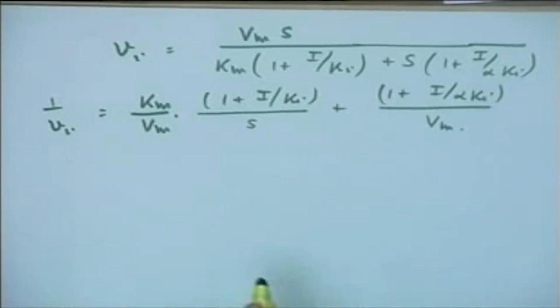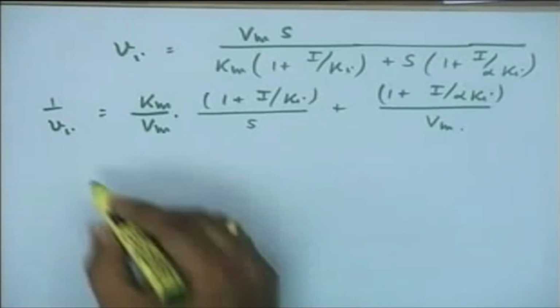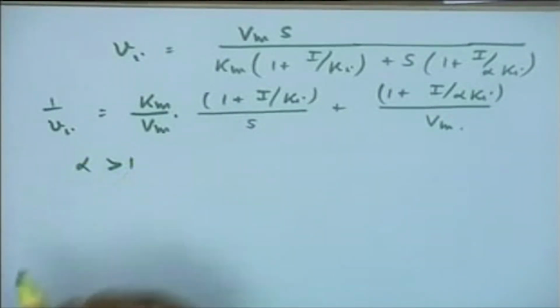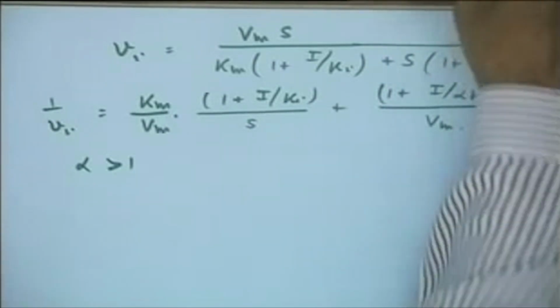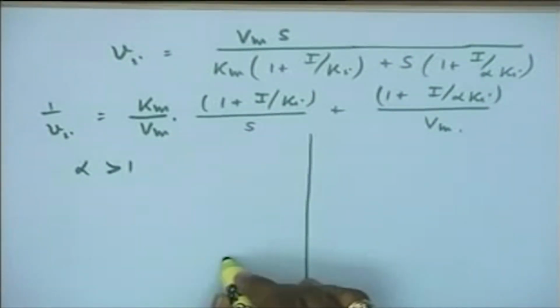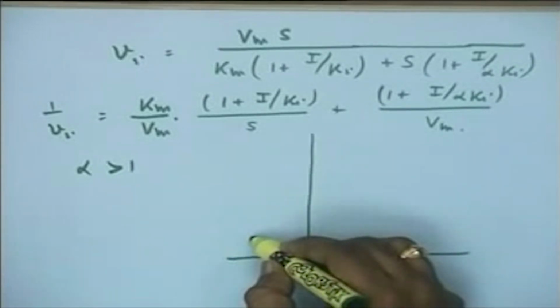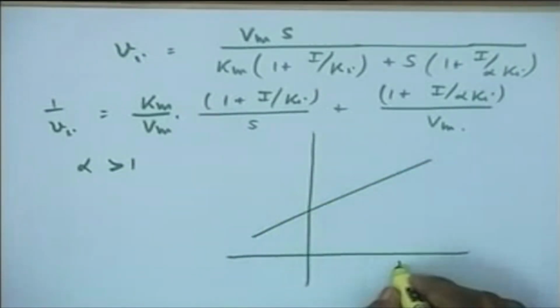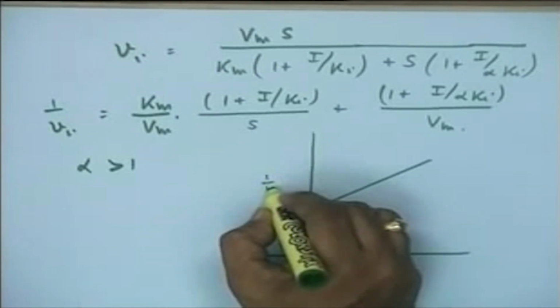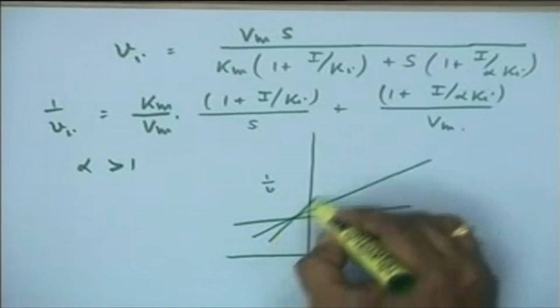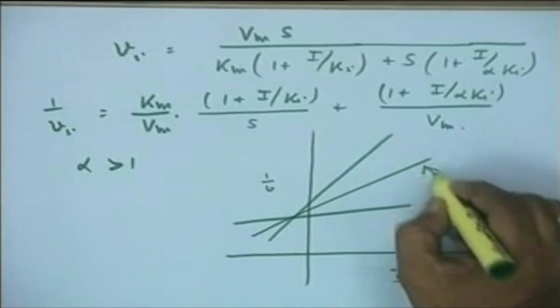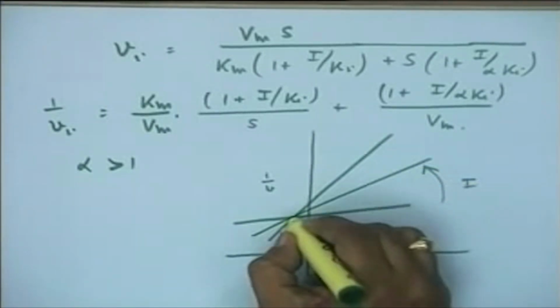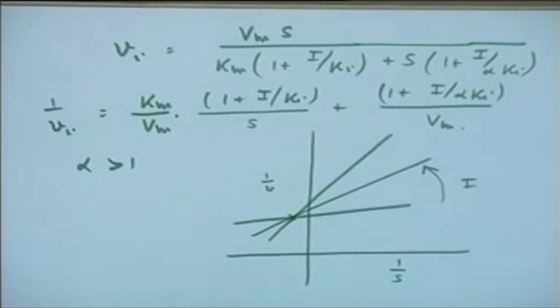And obviously, for cases where alpha is greater than 1, you will get a profile as I showed earlier. The double reciprocal plot of 1 upon S versus 1 upon V at different inhibitor concentrations will intersect at a point on the left hand side of the y axis.